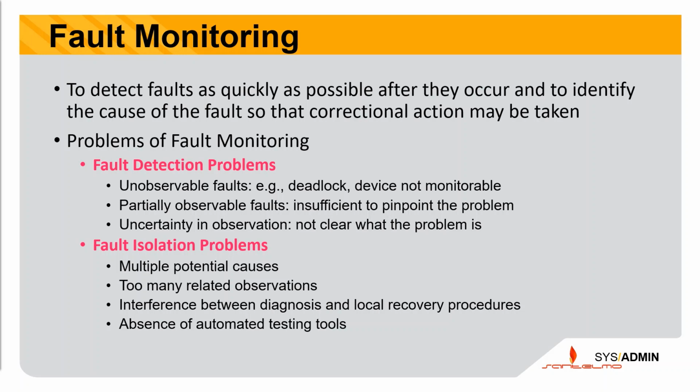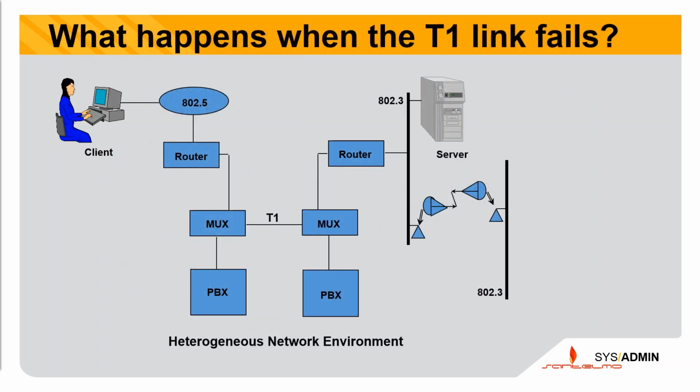All right. Now considering this diagram here, we only have one link connecting to the server. Now what will happen if this T1 link fails? It's disconnected.